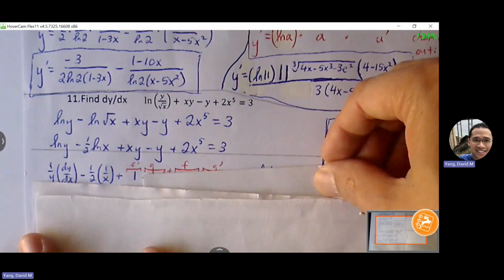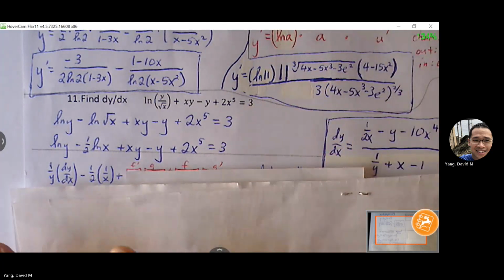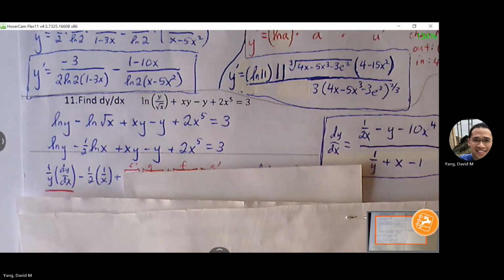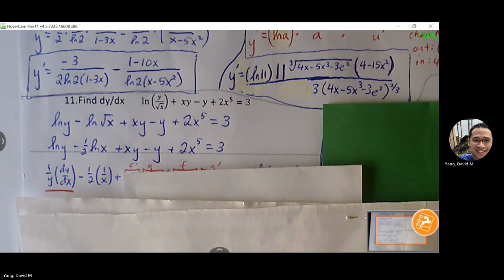Okay, 1/2 natural log of x becomes just 1/2 x. f prime g plus f g prime. x is my f, g is my y.